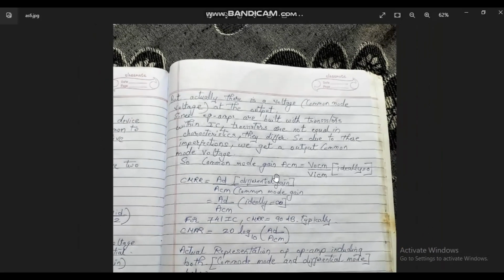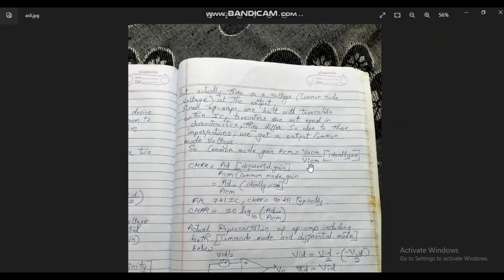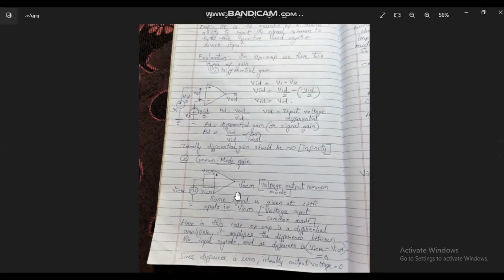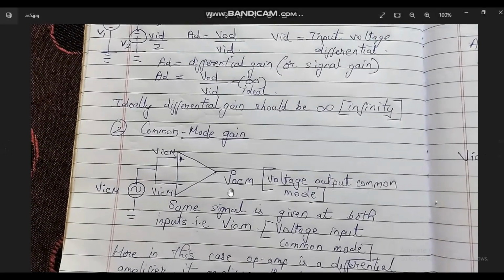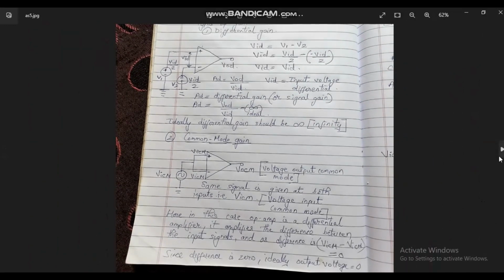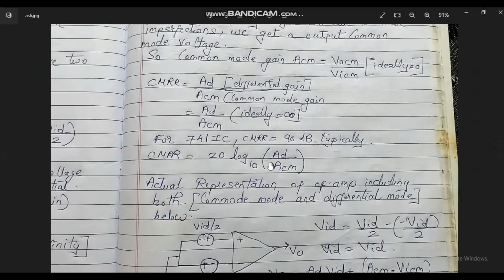ACM is equal to VOCM by VICM, where VOCM is the output common mode voltage and VICM is the input common mode voltage. We can see in this one: VOCM is the output and VICM is the input. So common mode gain is VOCM by VICM.